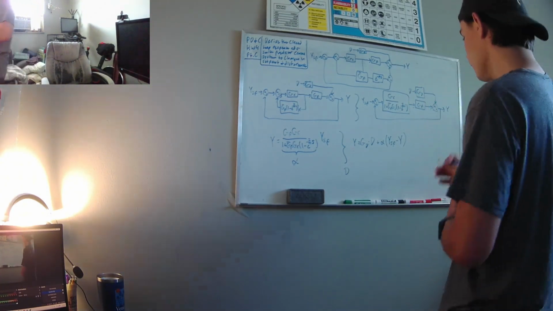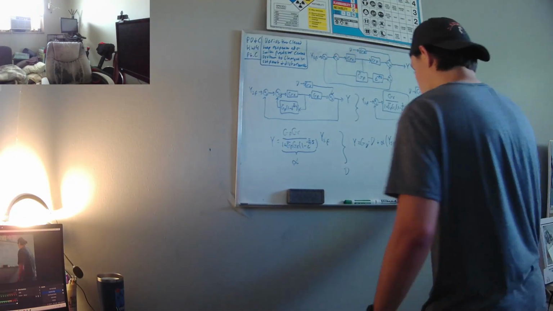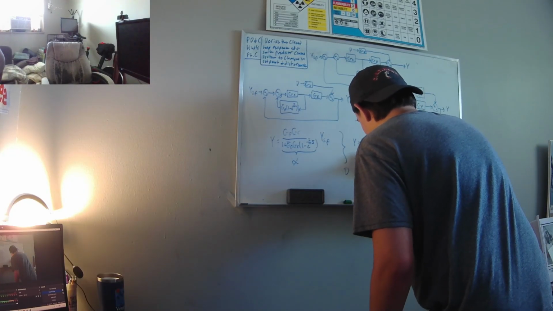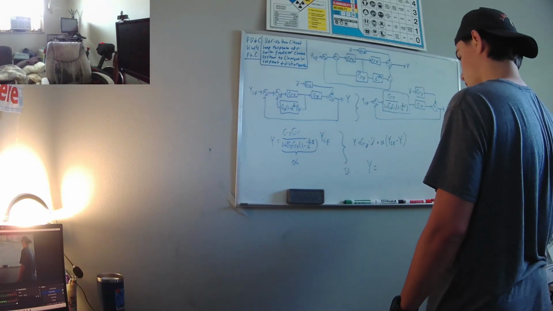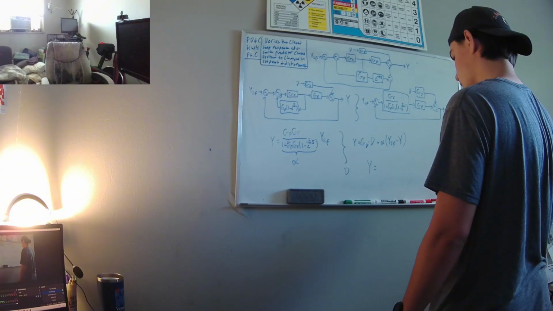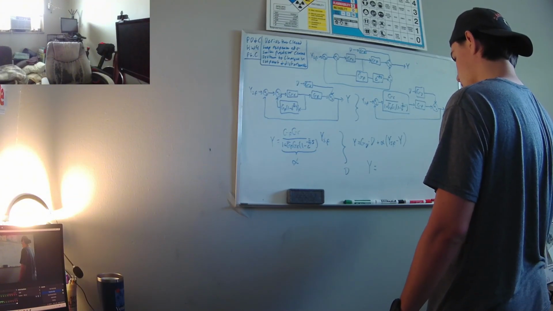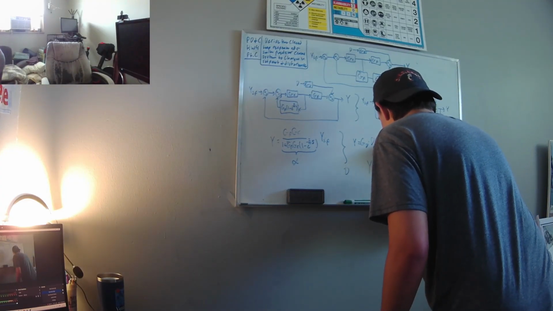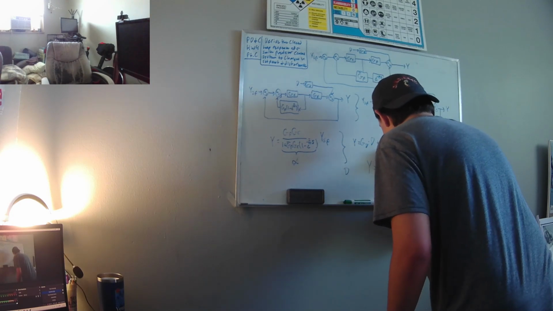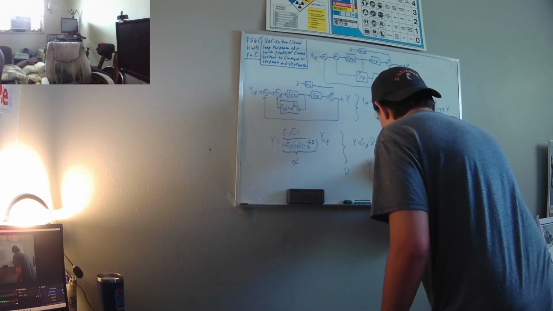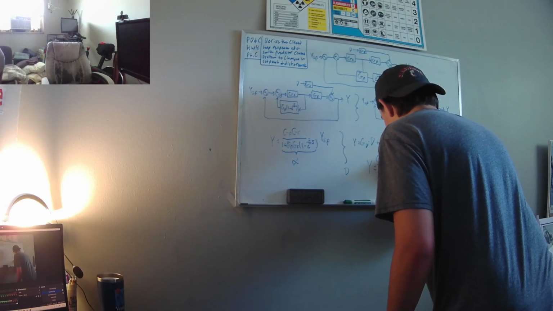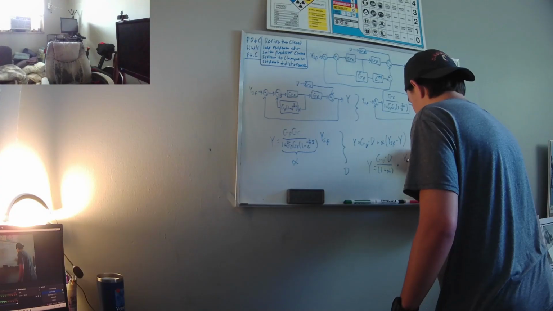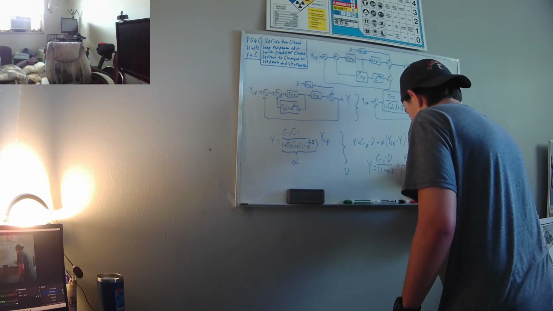And then if we rearrange this and solve for y, we get our overall closed loop response function of y equals GD times our D, I'm struggling with my algebra a little bit, all over 1 plus alpha, plus our YSP all over 1 plus alpha.